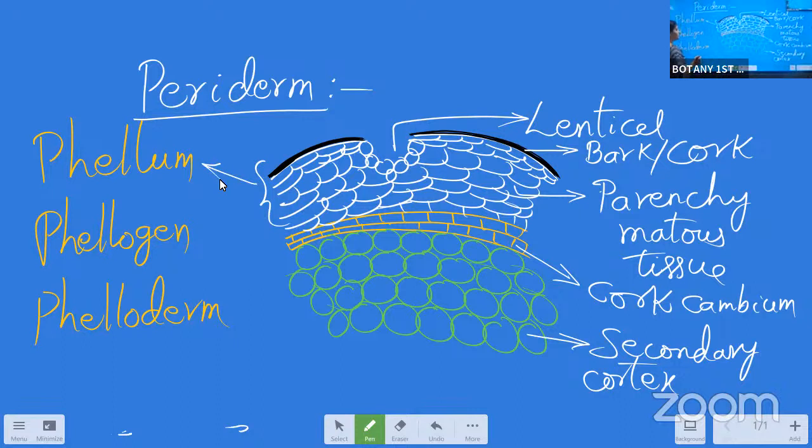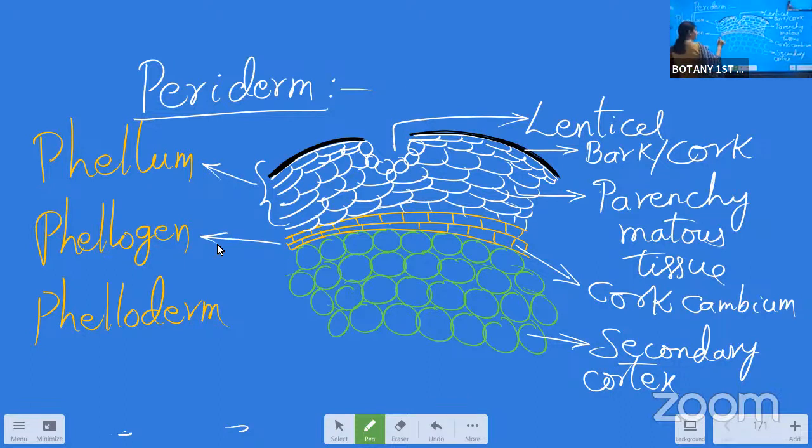And phellogen. Phellogen means the cambial cells that are going to be making many cells during the secondary growth outside the stellar region. Those are called the phellogen. That is the cork cambium. We can call them the cork cambium. Okay. And phelloderm.